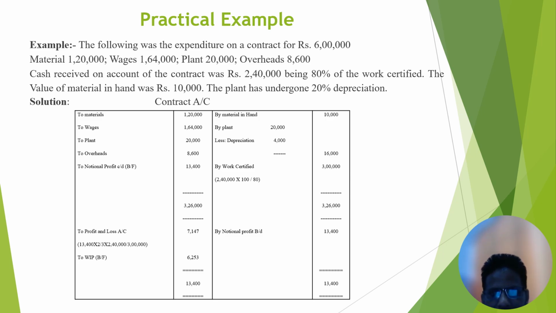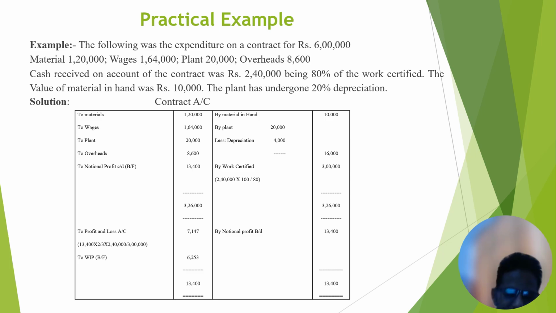Now the next item is work in progress. Here under work in progress we have only work certified. So here we mention by work certified. Cash received is 80% of work certified. So using this formula we can calculate work certified: 2,40,000 is 80%, so we require 100%. It means 2,40,000 multiply 100 divided by 80, then the value is 3 lakh.